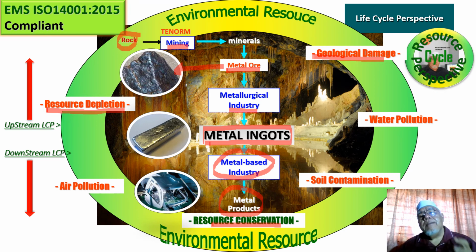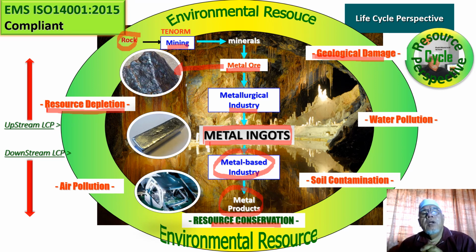And when we are able to recycle metal products, the demand for metal ingots from the metal-based industry is less or stalled. So at least we can slow down or retard, though we won't eliminate, environmental aspects such as resource depletion, by doing recycling. So that's how it works.